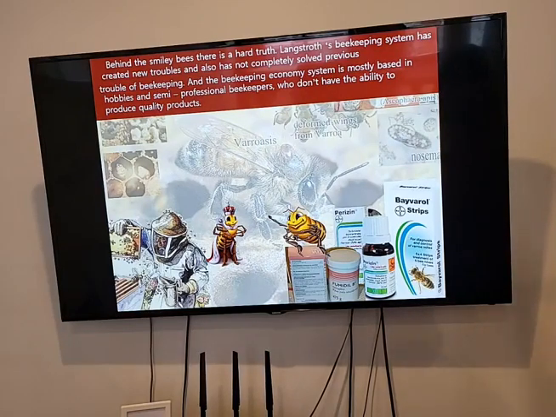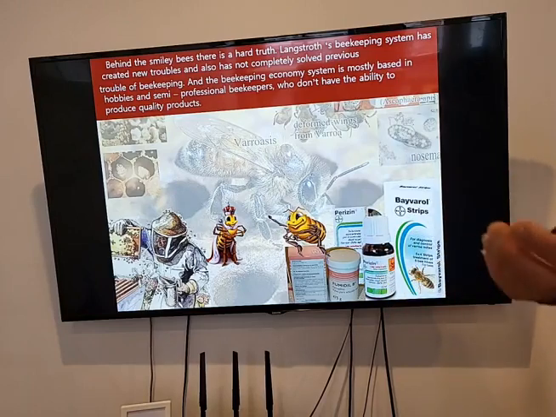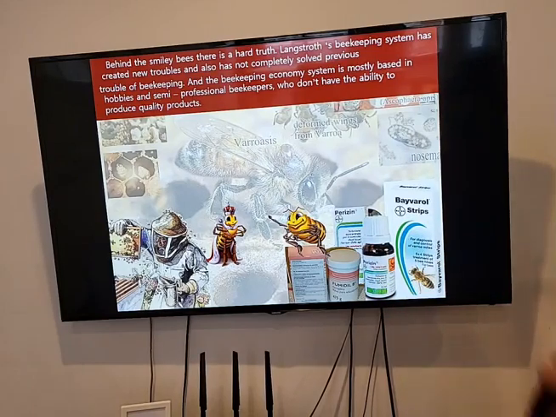I remember the beekeeping association of the country I come from. I remember there were just a few, maybe 10 professional beekeepers and 600, 700 amateurs and semi-professionals.